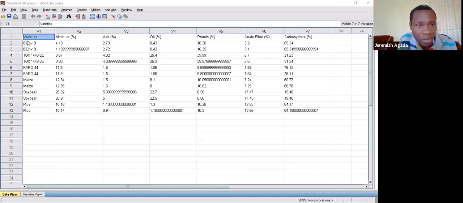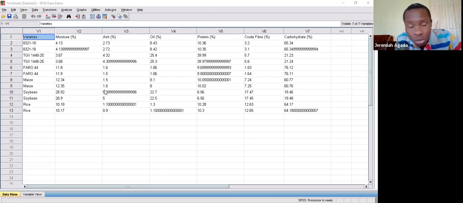These independent variables, 832118, the varieties, are already there. So if I want to do any analysis, I have to convert all these ones to numbers. That means I have to code them. That's where coding comes into place, and that's part of the data cleaning too. You do your coding to make sure it is suitable for analysis.